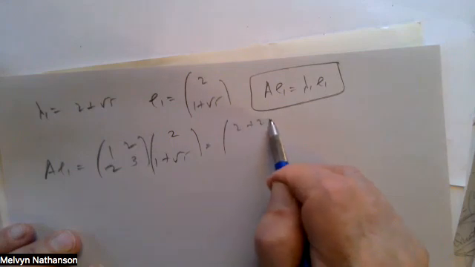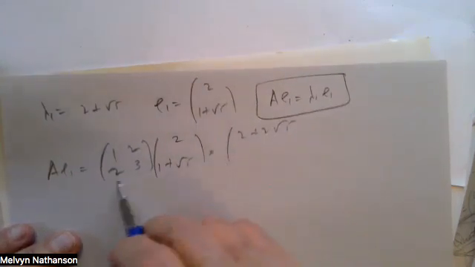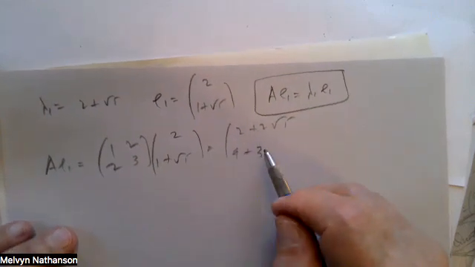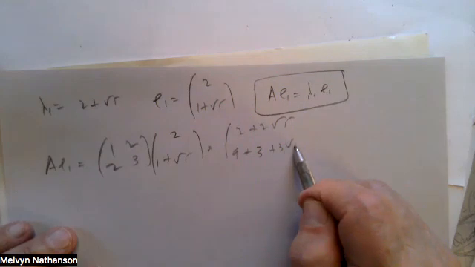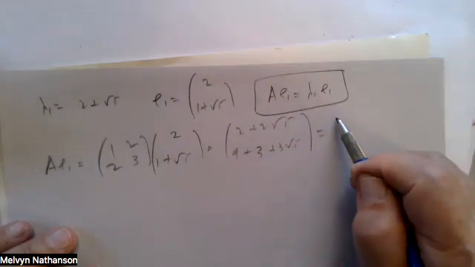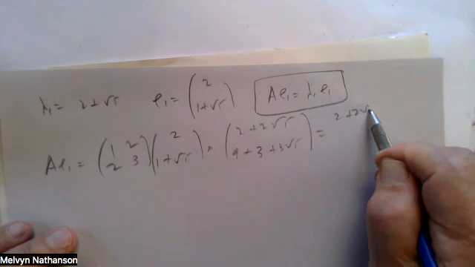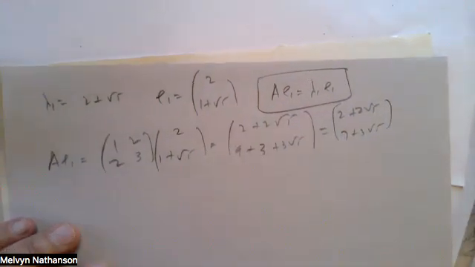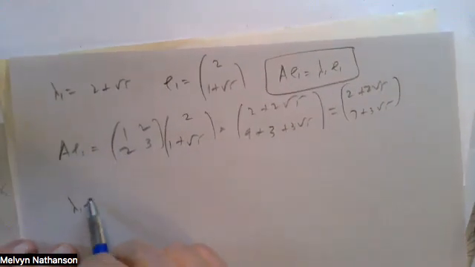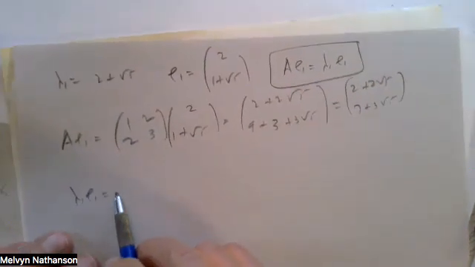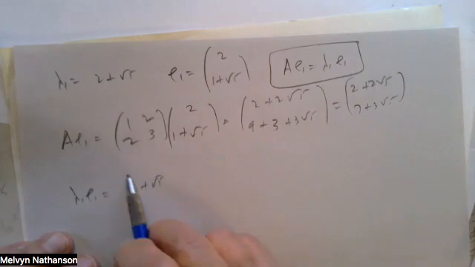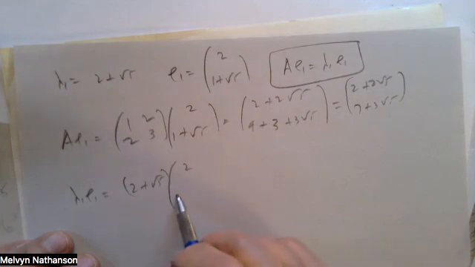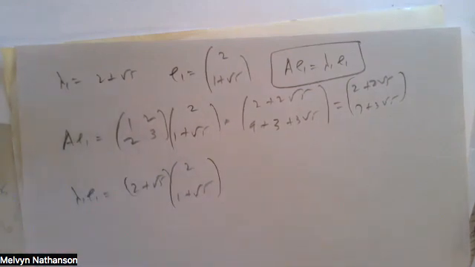That's equal to 2 plus 2 root 5, 4 plus 3 plus 3 root 5. So this is 2 plus 2 root 5, 7 plus 3 root 5. That's AE1. And what is lambda 1 E1? So lambda 1 is 2 plus root 5 times the vector 2, 1 plus root 5.